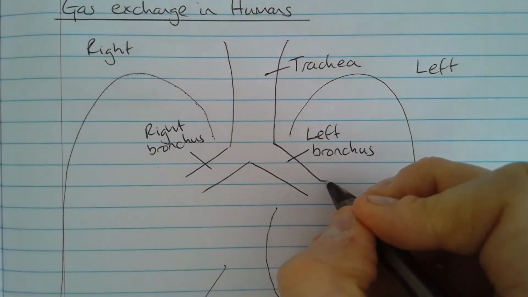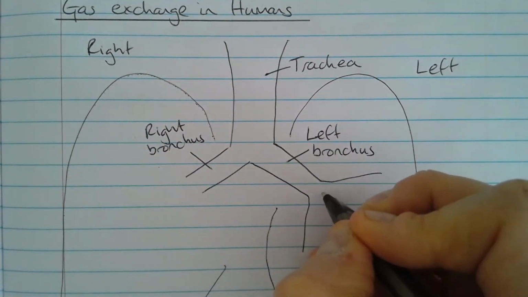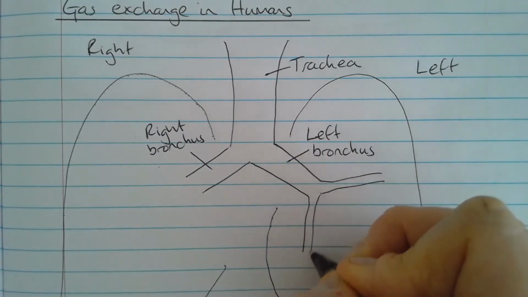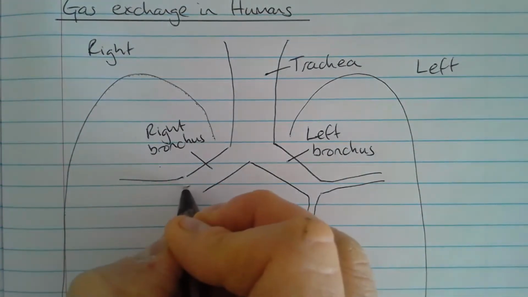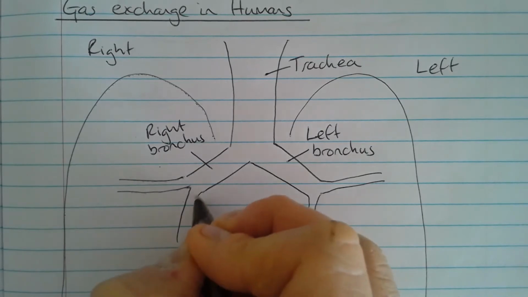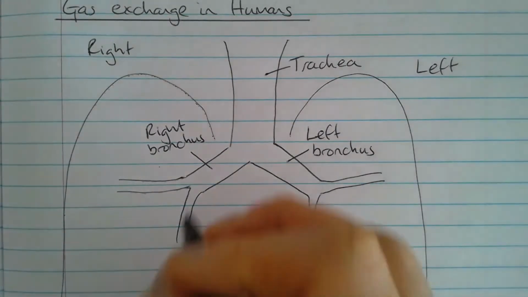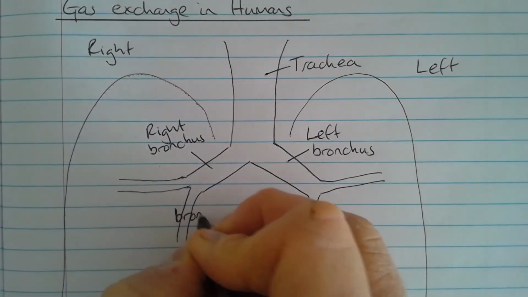And then these structures themselves, sort of like a tree, start branching into even smaller structures, and these are called the bronchioles.